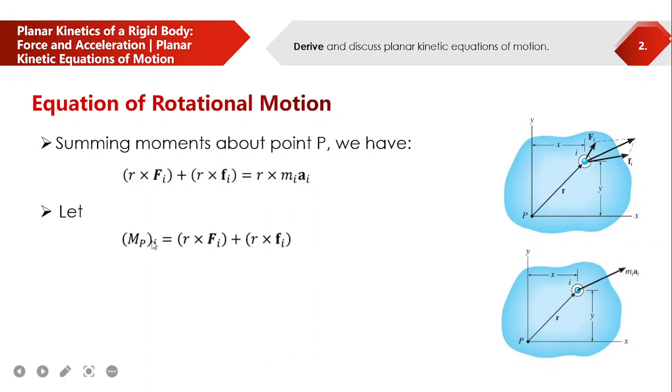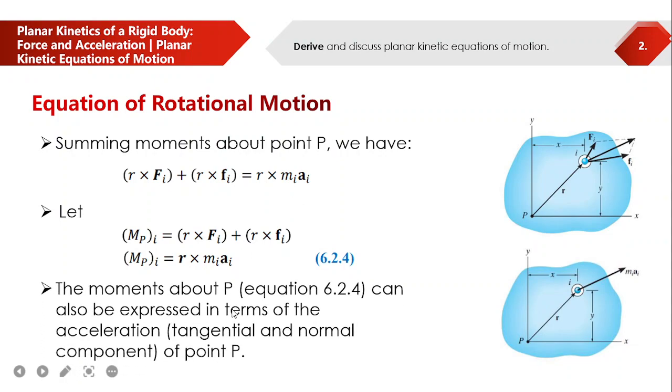So let M sub P sub i be equal to r. These two terms will be equal to the moment at point P sub i. So M sub P sub i is equal to r times m sub i a sub i.